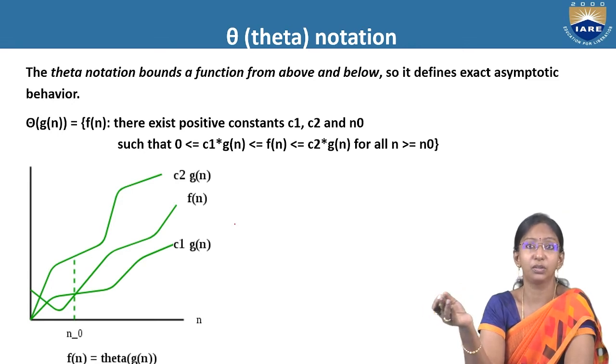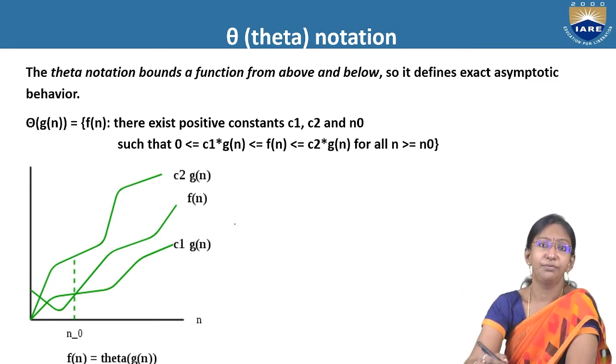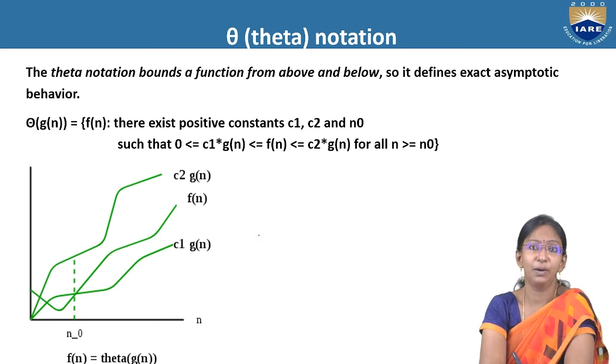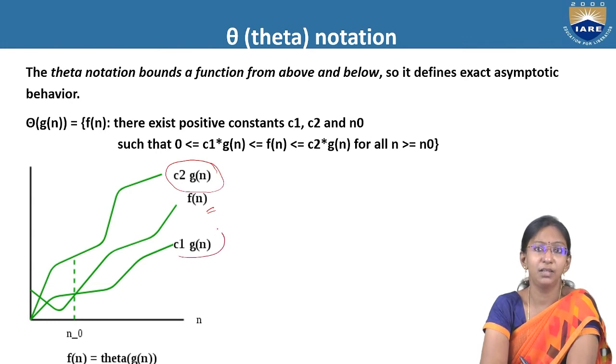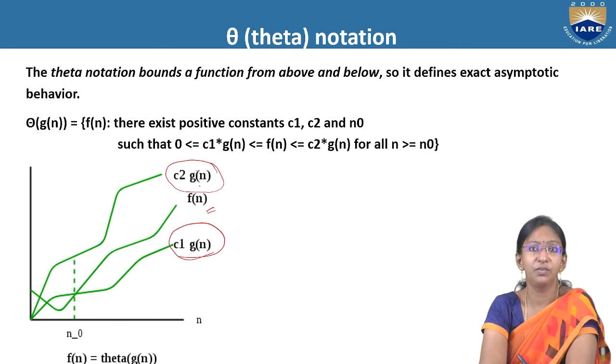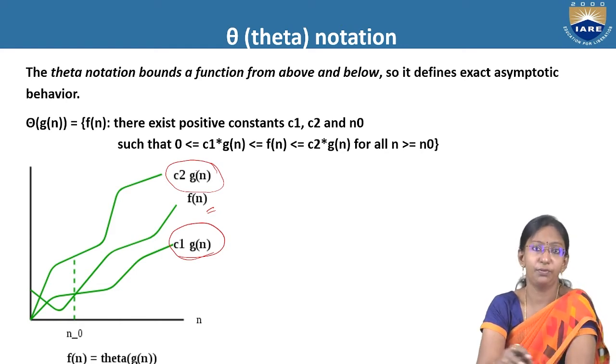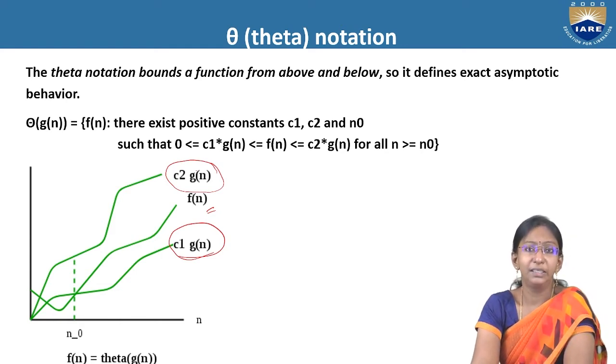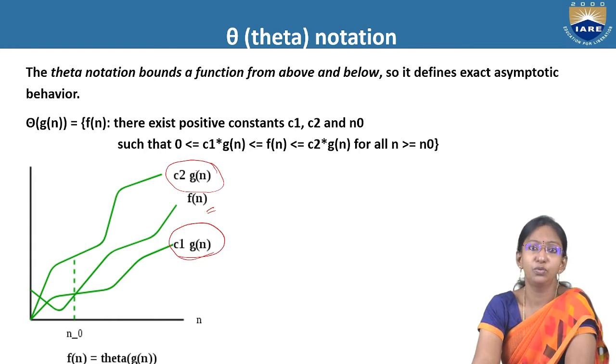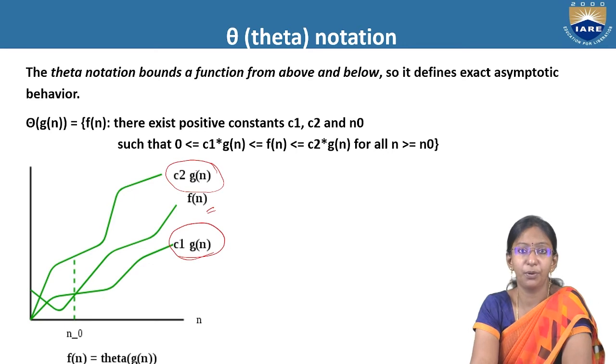For example, f of n is the function you are trying to evaluate, then it will be bounded by c1 and c2 multiplied by another function g of n, where c1 and c2 are the constants which define the boundary of f of n. So theta is the most prominently used one because it considers the lower bound as well as the upper bound.